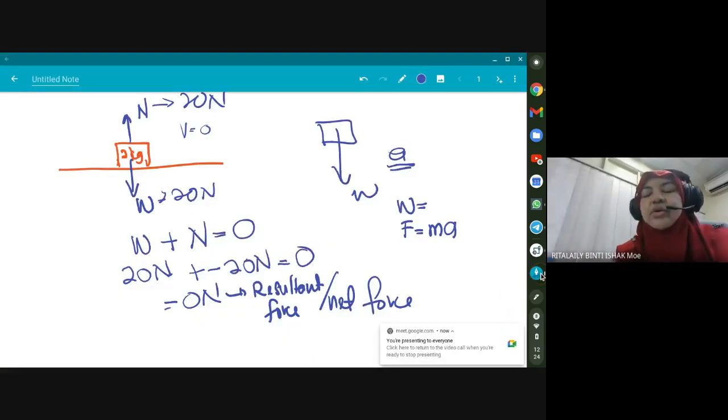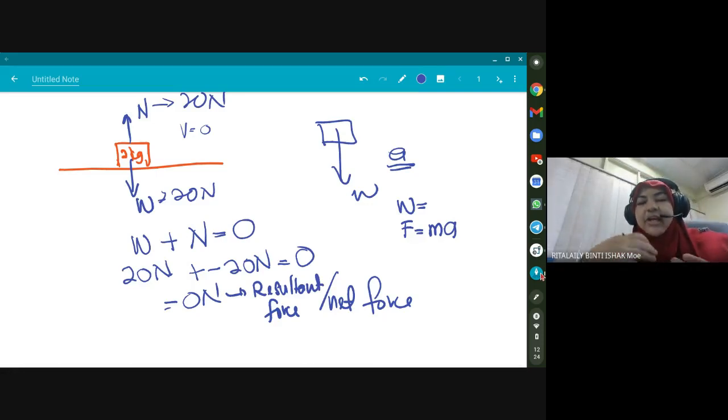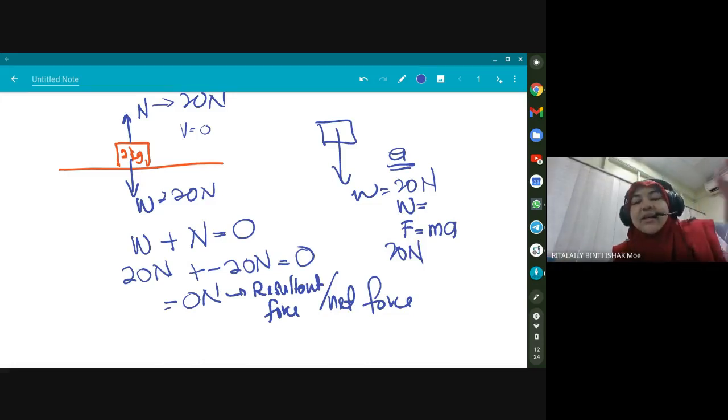Okay, so Newton's second law says that when we have a resultant force, or net force, it can have any value. Let's say 20 Newton. The resultant force is 20 Newton. The mass, the same as before, is 2 kg.